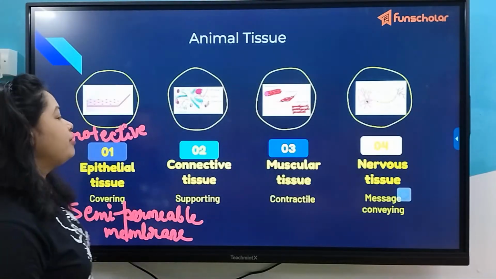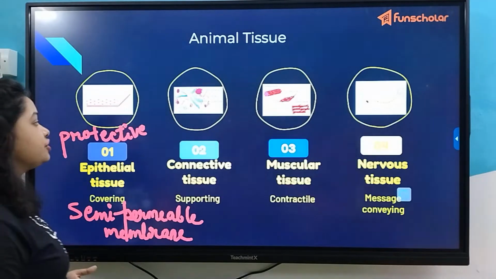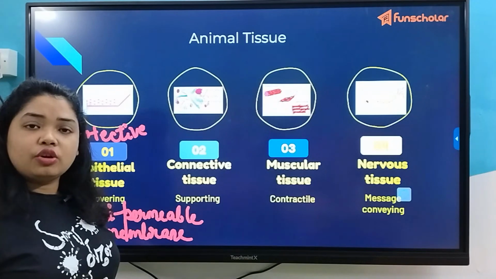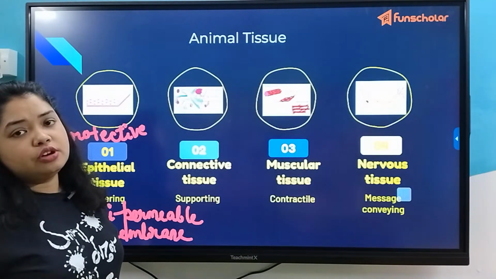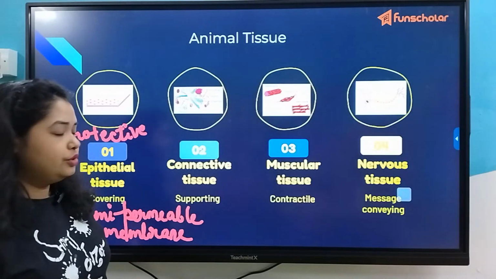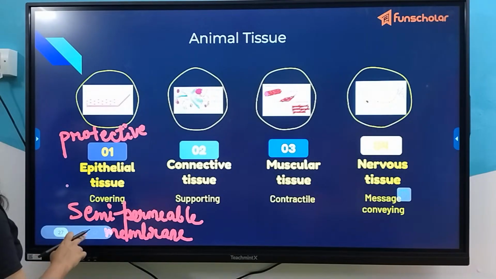They also perform other functions, such as filtration and providing mechanical strength and support. So this can also be found in the epidermis of the plant tissue. Now we will understand the epithelial tissue and other types of tissue one by one.